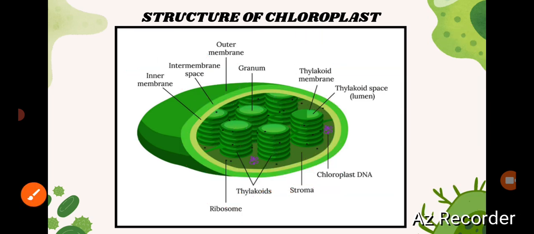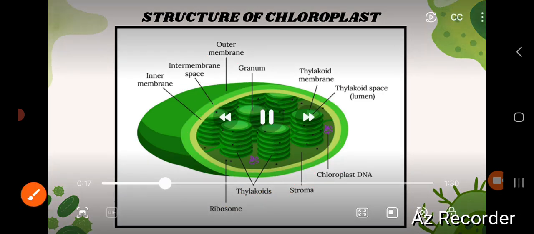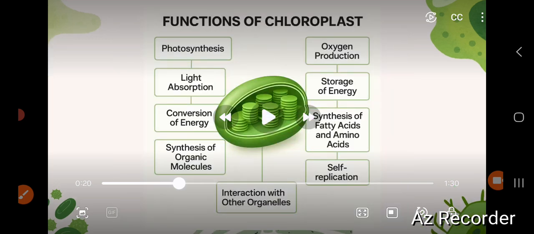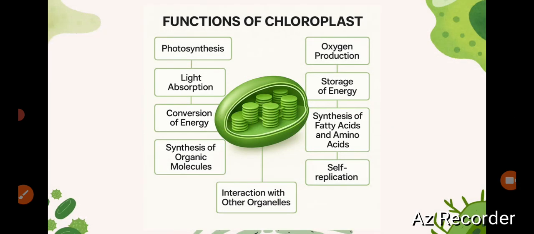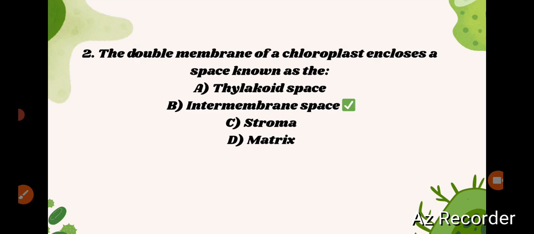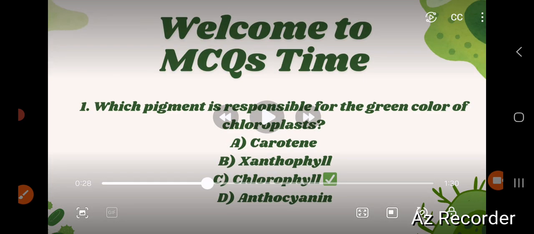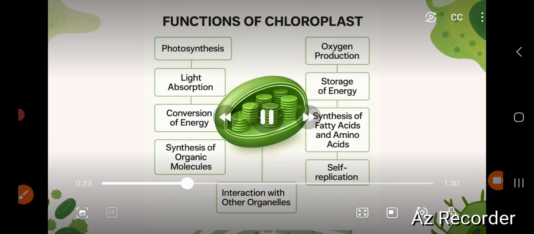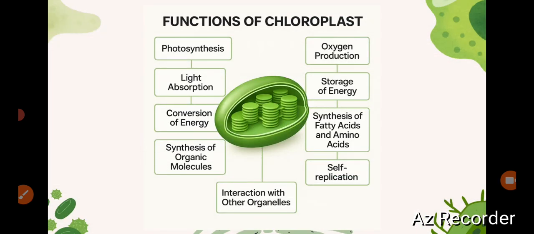Next we'll move on to the main functions of the chloroplast. So what are the main functions of the chloroplast? The first thing, as we know, is that it is mainly involved in photosynthesis.